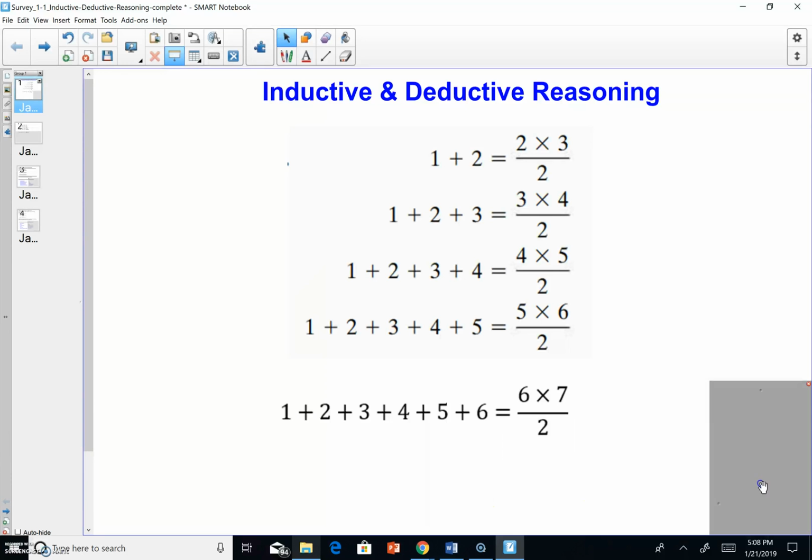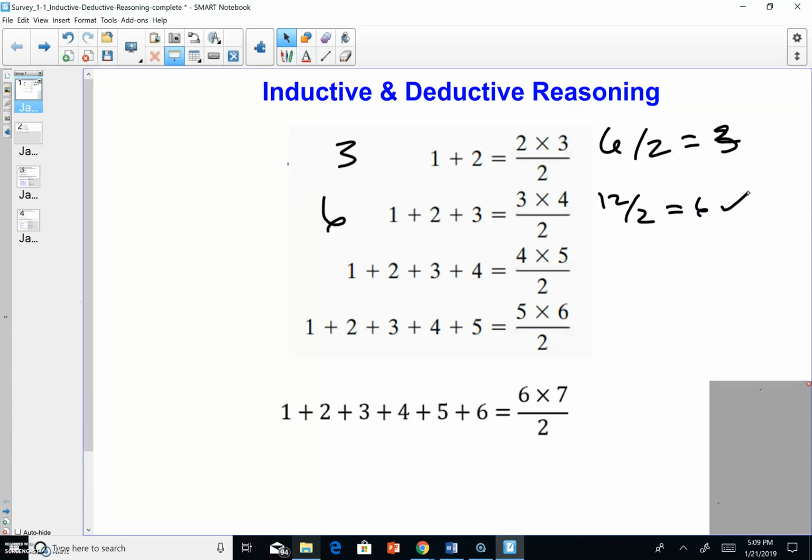All right, well, this is a beautiful pattern, but does it make sense mathematically? Let's just check a couple of them. The first one, 1 plus 2 is 3, and then 2 times 3 is 6, and we divide by 2, and sure enough, that's actually 3. And then 1 plus 2 plus 3. 1 plus 2 is 3, plus 3 is 6. 3 times 4, 12 over 2. Yes, again, that works.